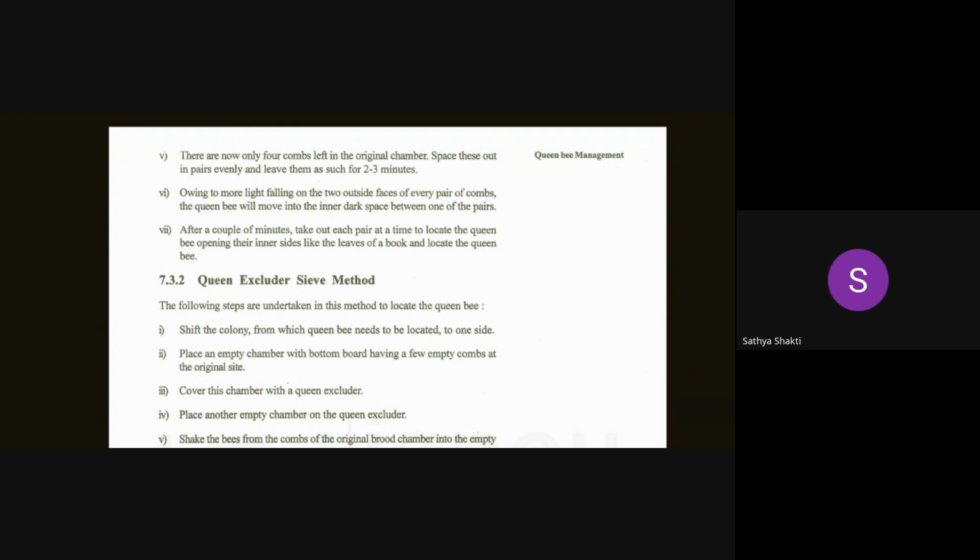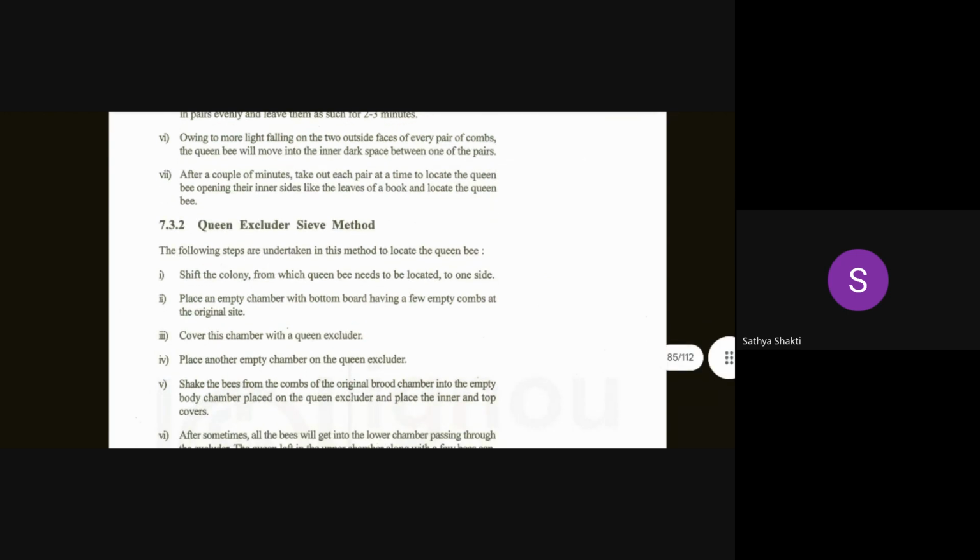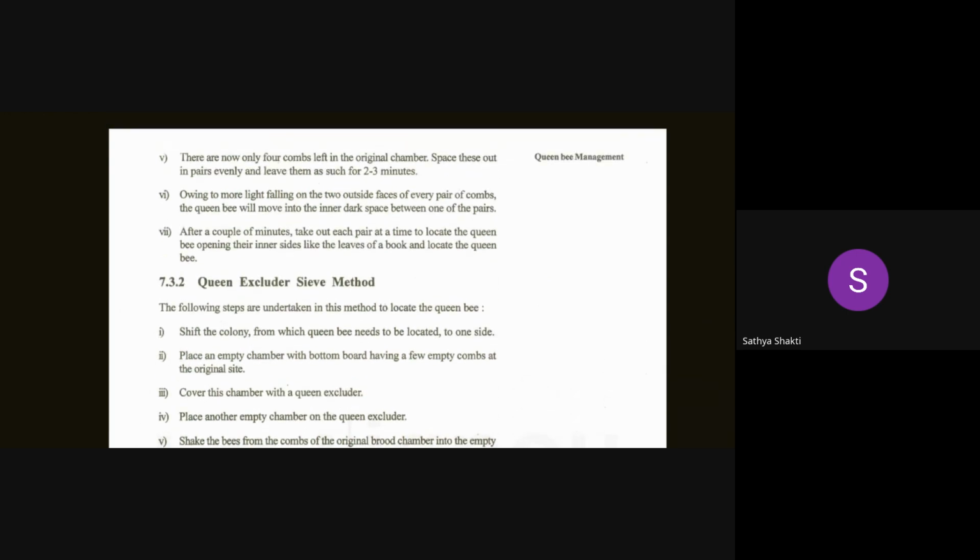After a couple of minutes, take out each pair at a time to locate the queen bee, opening their inner sides like the leaf of a book. That will be found in between the 2 combs. You can locate the queen bee inside very easily. So you should leave only 2 pairs of different frames inside the brood chamber.